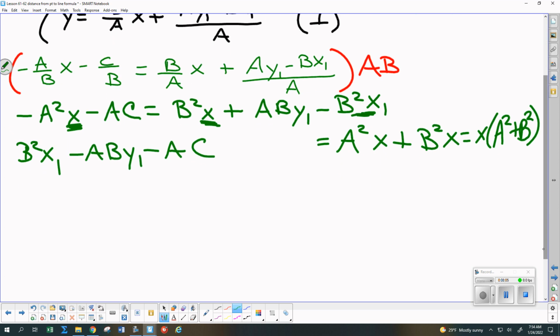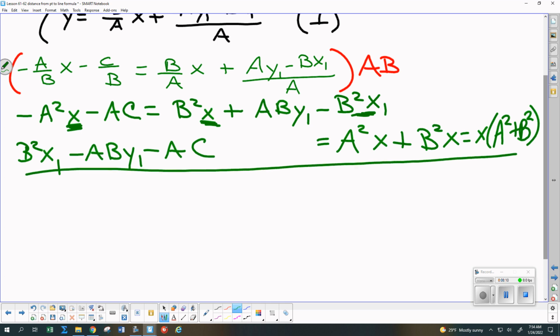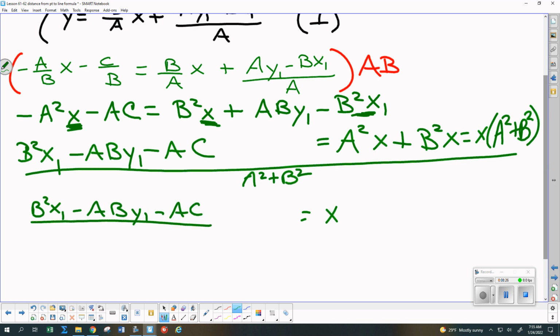So to get just x, I need to divide everything by that a squared plus b squared, which means I have x equals b squared x1 minus ab y1 minus ac all over a squared plus b squared. And that is my x coordinate of the intersection point.